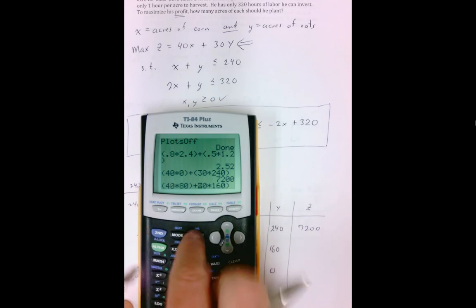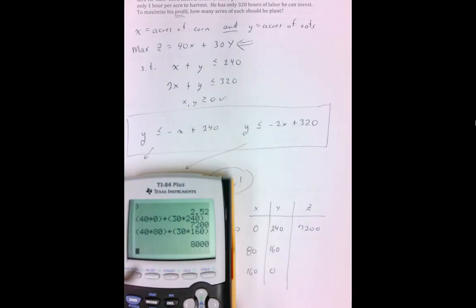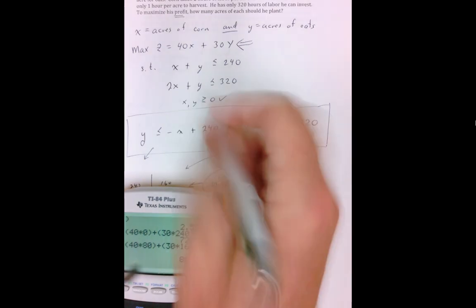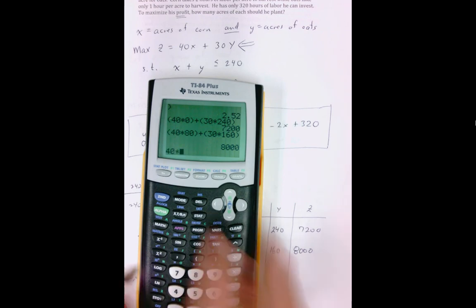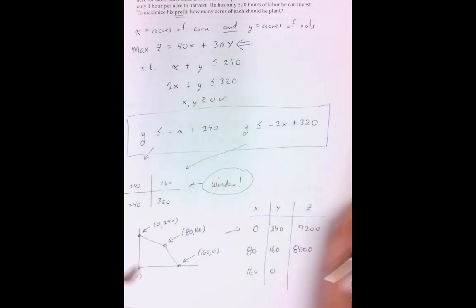Really careless today, aren't I? So we got 8,000. And the other one's pretty easy. We just have to take 160 times 40, which we can all see is 6,400. But just in case you can't, 6,400.